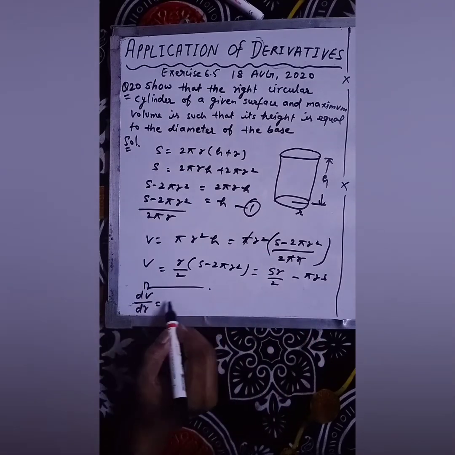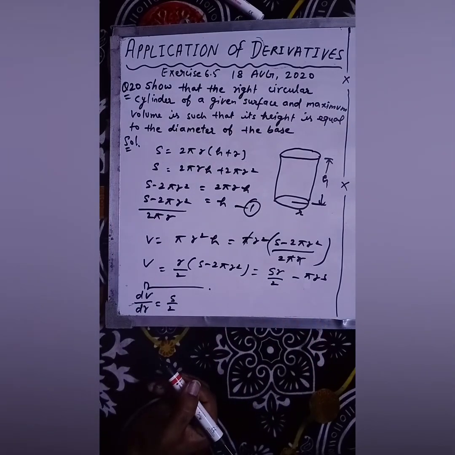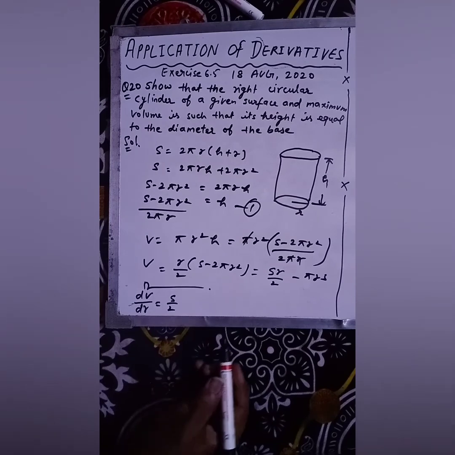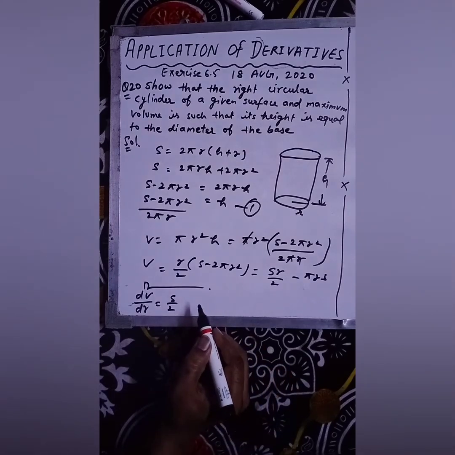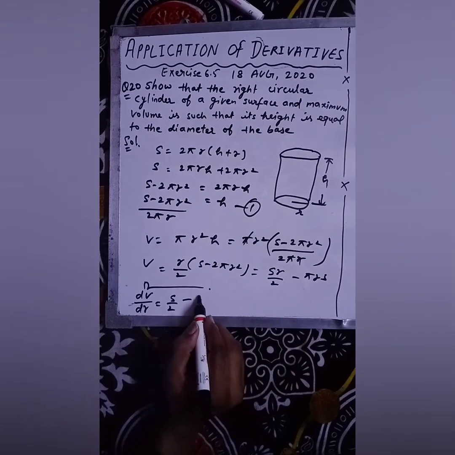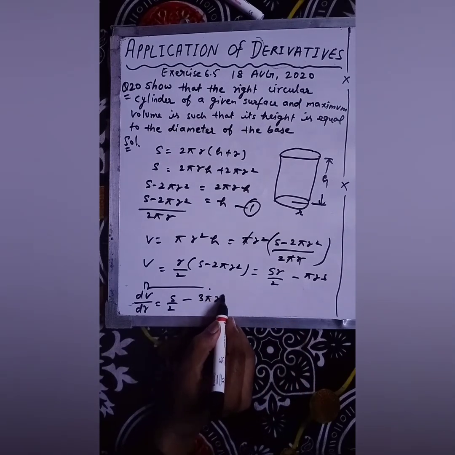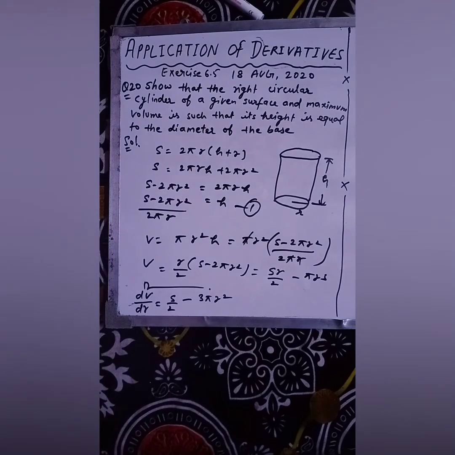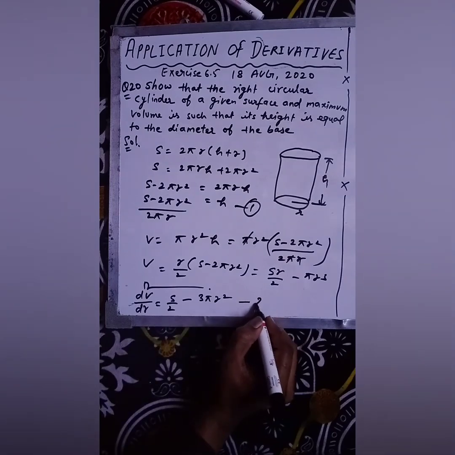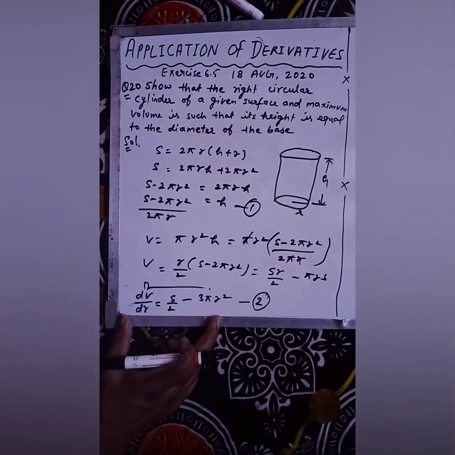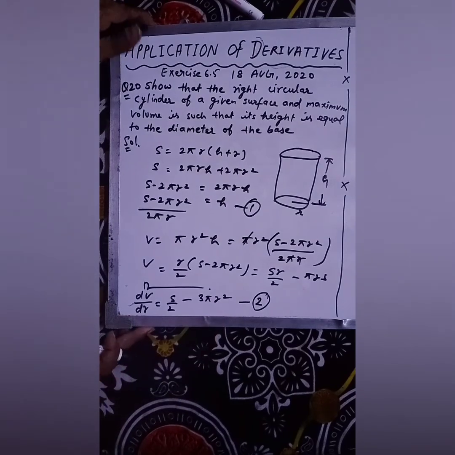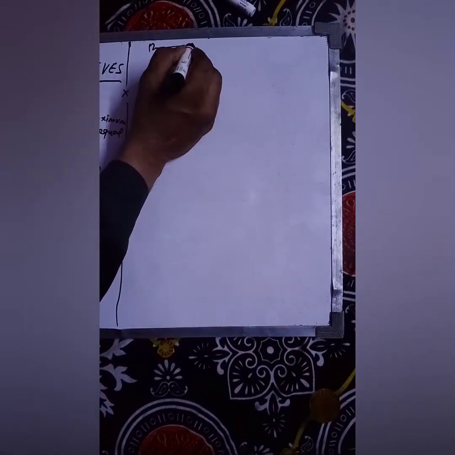We get dV by dr equals S by 2 minus 3 pi r square. Mark this as your equation number 2. This is your dV by dr. Now again we are differentiating with respect to r.